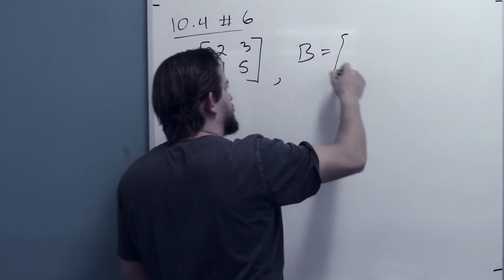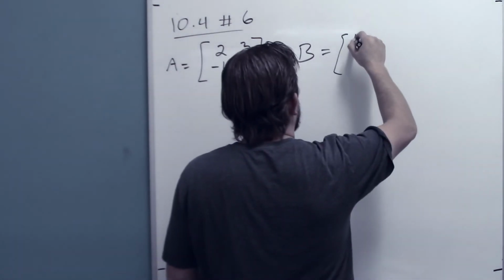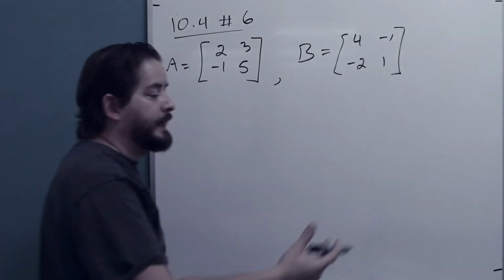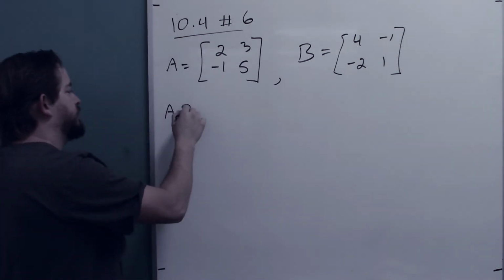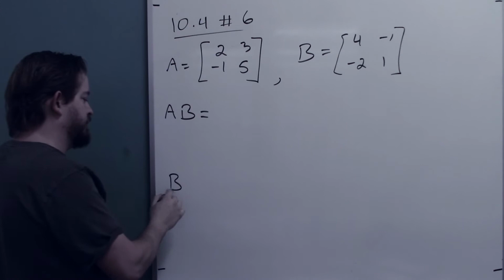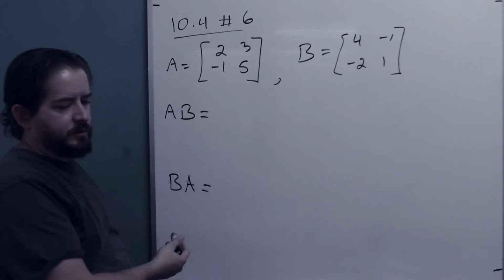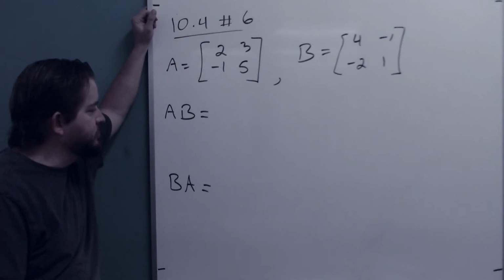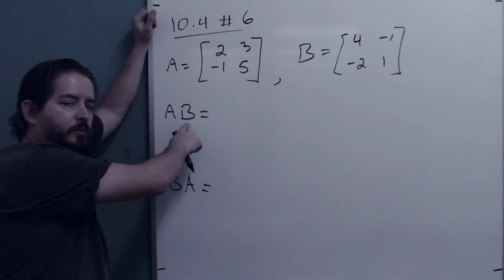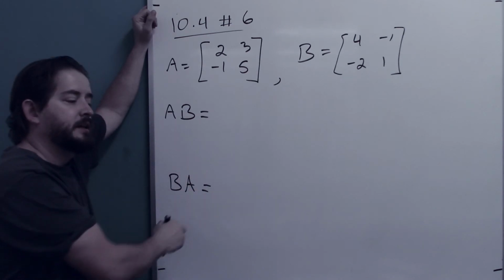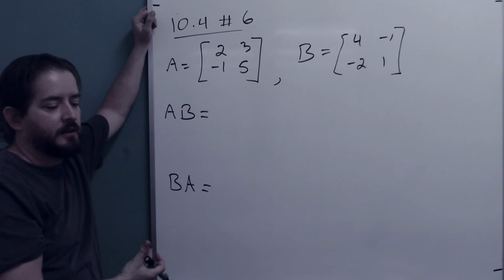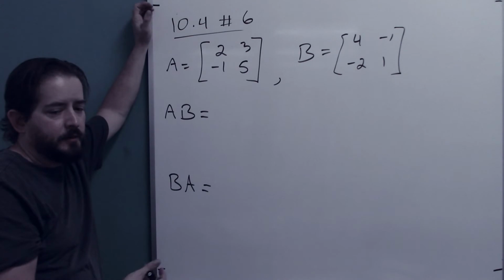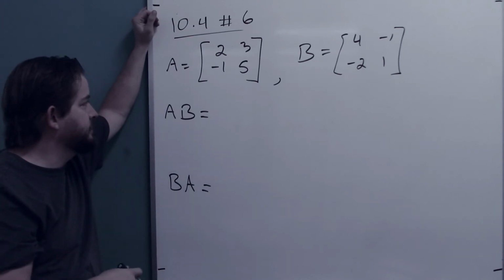B is 4, negative 1, negative 2, 1. It asks us to find A multiplied by B, and then B multiplied by A. This is typically the first time in most people's mathematical dealings where something multiplied one way does not come out the same as multiplying it the other way. This is the first algebraic construct that is not commutative. That might be a lie, but it's the first time most people realize it, perhaps.